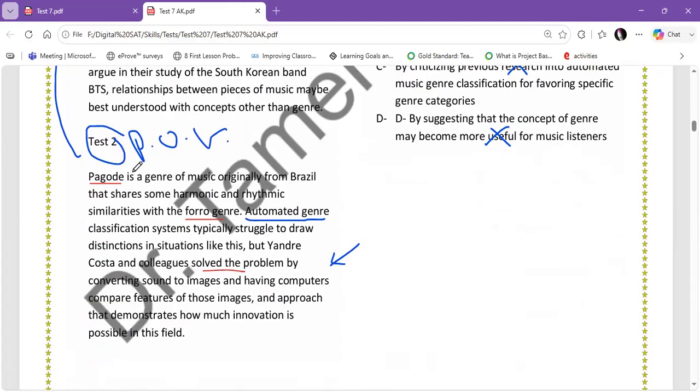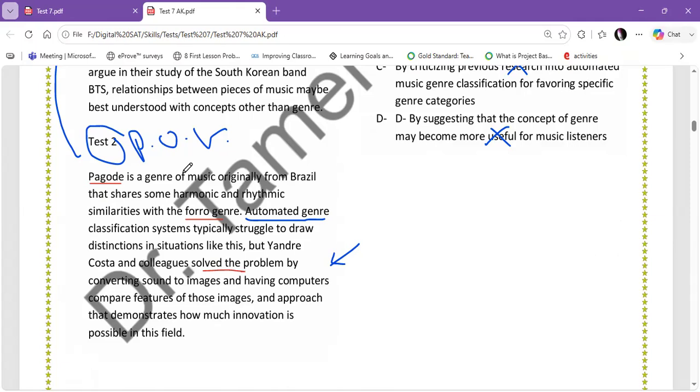Here he said Baguri is a genre of music, a kind of music like pop music, originally from Brazil, that shared some harmonic and rhythmic similarities with the Forro genre. So Baguri looks like Forro. They have the same harmonic and rhythmic similarities.